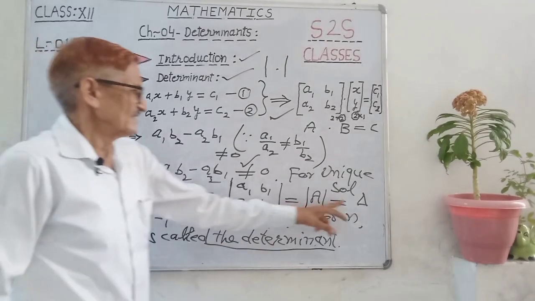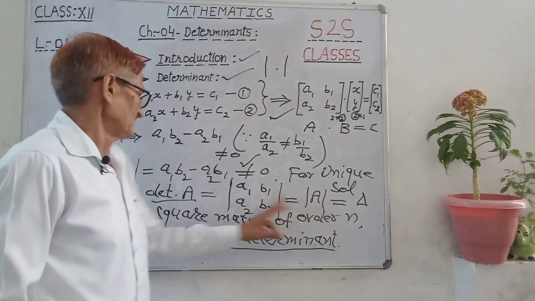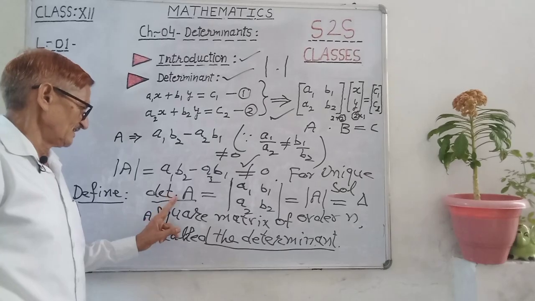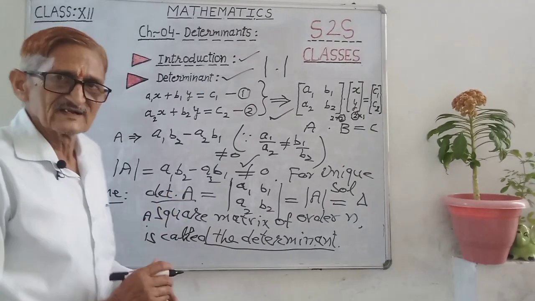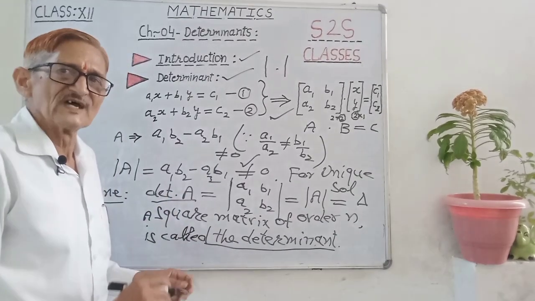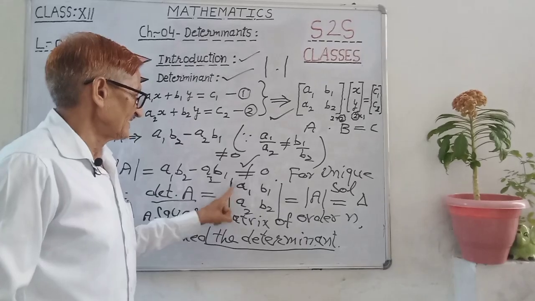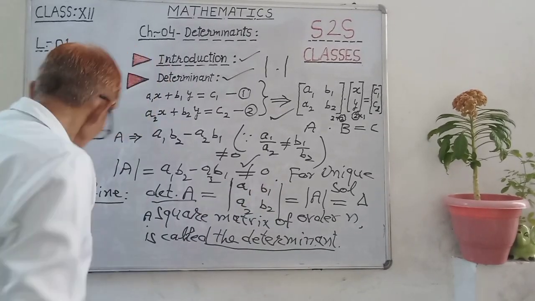Okay, written as delta, this, determinant A, det A. These are written for the square matrix, and that is written in the determinant form.